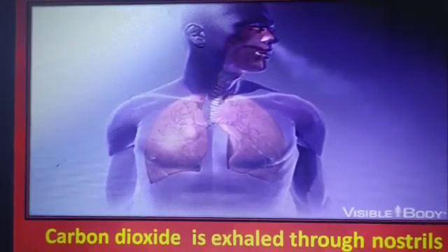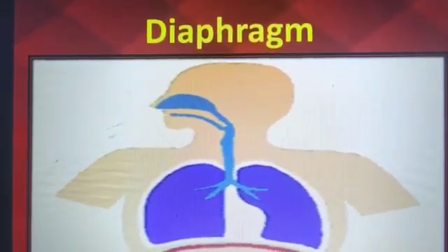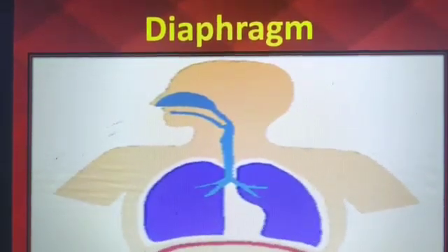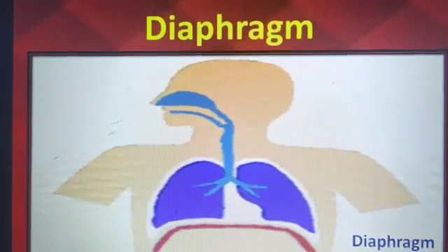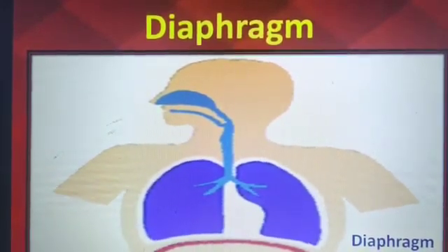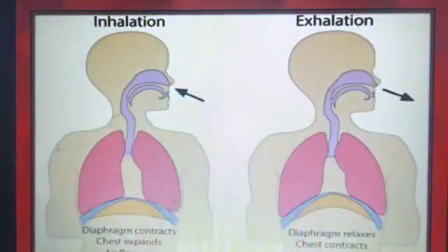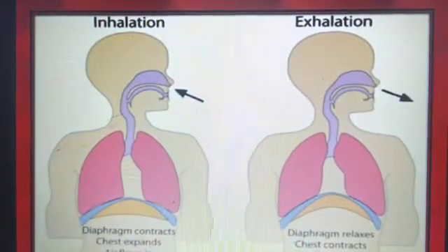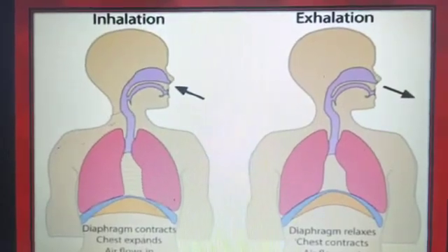Now we will talk about the diaphragm, what the diaphragm is and what its function is. The diaphragm is located below the lungs and is a major muscle of respiration. It is a large dome-shaped muscle that contracts. When we inhale, the diaphragm contracts and the chest becomes large.